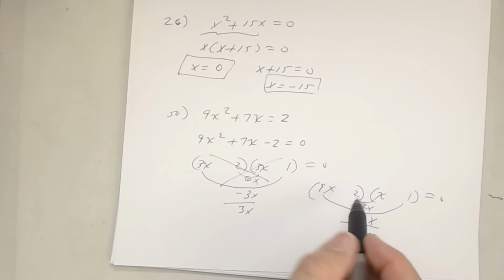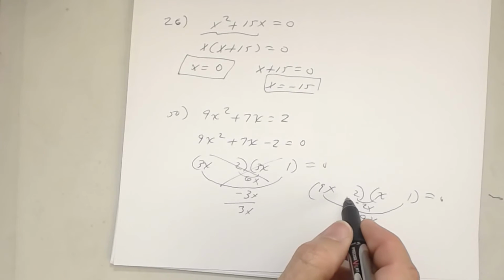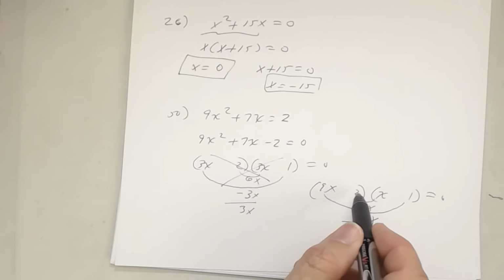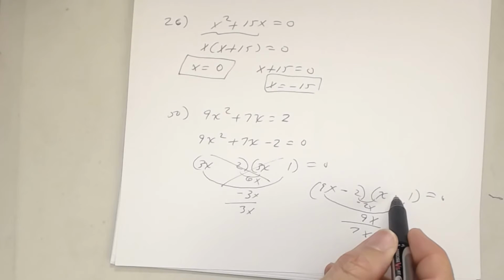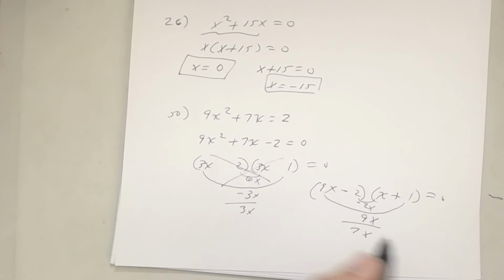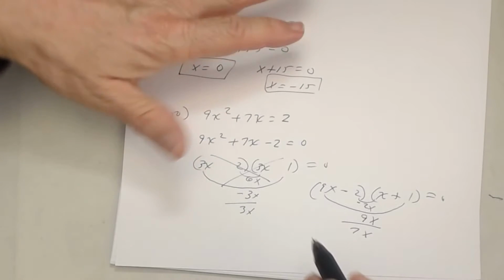So the order's correct. I just got to put the correct sign. So this has to be 9x minus 2, and then x plus 1. Okay, so what are my two factors? 9x minus 2 is the first one. What's the other one? And what do we do to those two factors? Set them equal to 0.